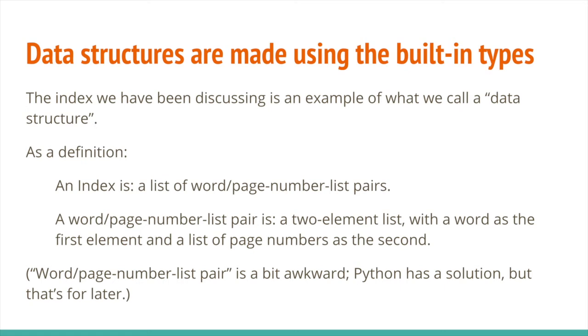A word page number list pair is a 2-element list with a word as the first element and the list of page numbers as the second element. This word page number list pair is a bit awkward. Python offers us a solution for that, but we'll defer that discussion for later.